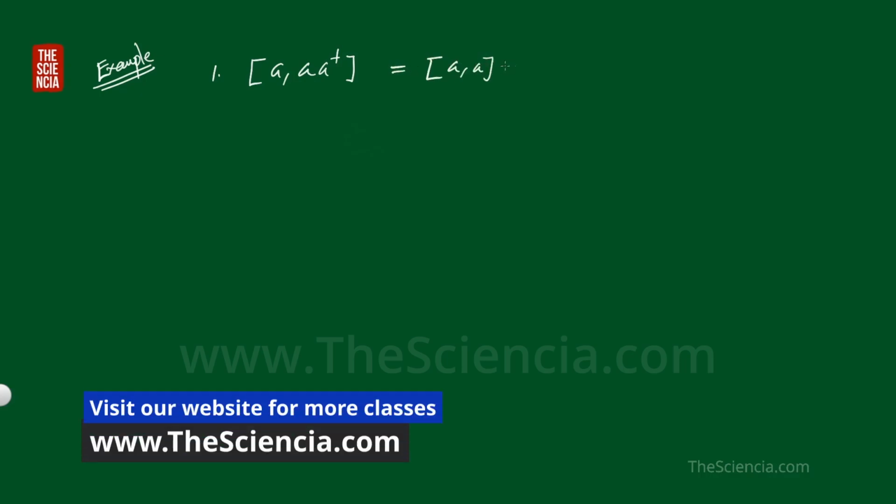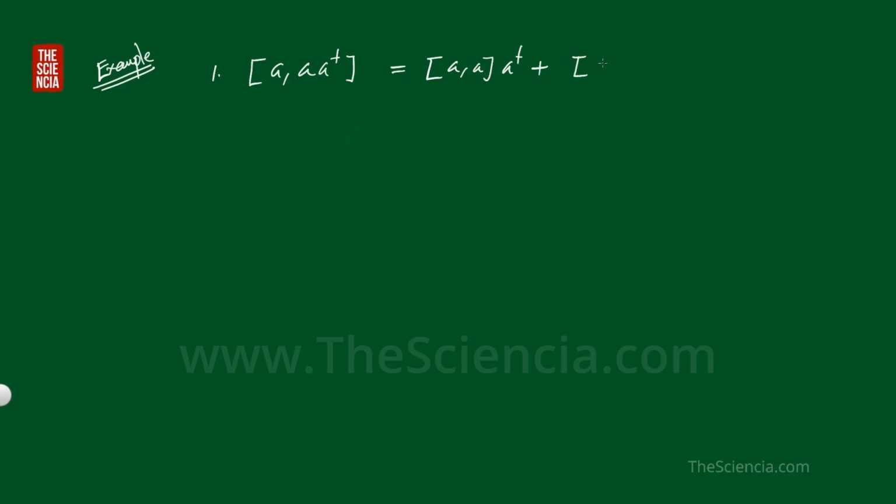Example problem. First one, commutator A comma A dagger A. What is the value? See, we can write this as commutator A comma A dagger times A plus A dagger times commutator A comma A. We already learned how to expand this commutator, right?